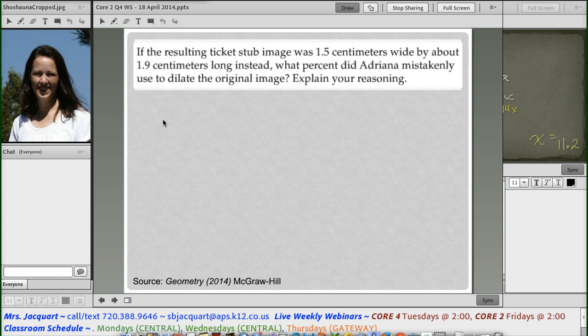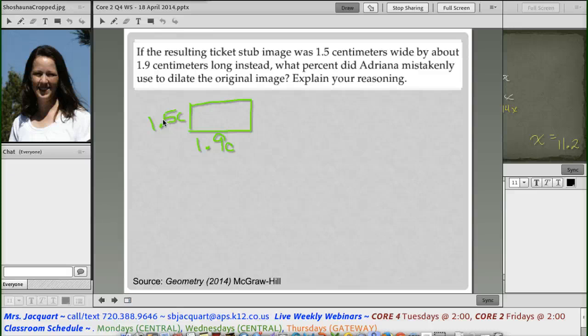If the resulting ticket stub image was 1.5 centimeters wide, okay, so I have to draw a picture. I can't process word problems without drawing pictures. What percent did Adriana mistakenly use to dilate the image?